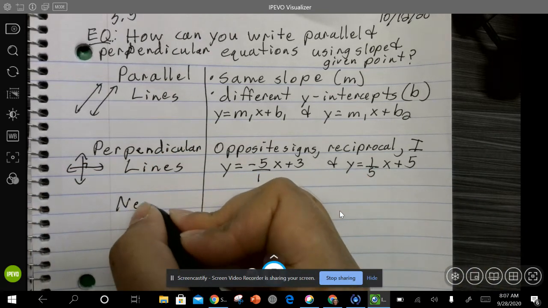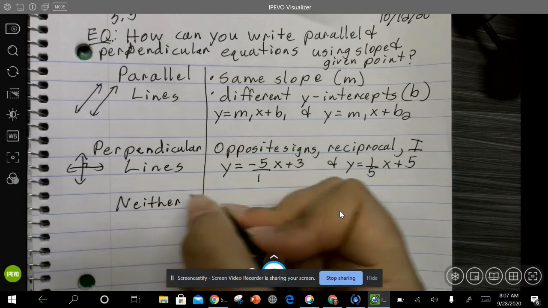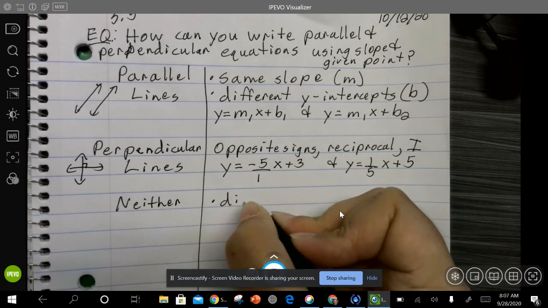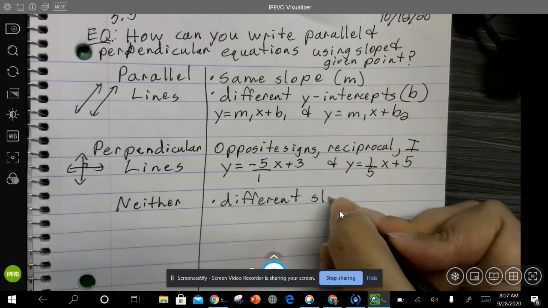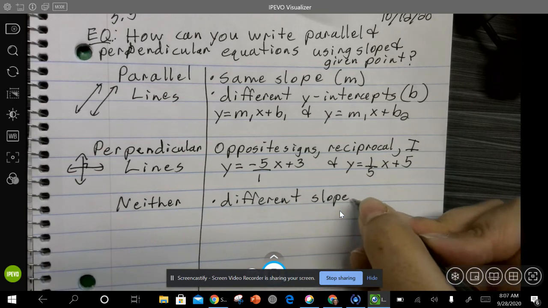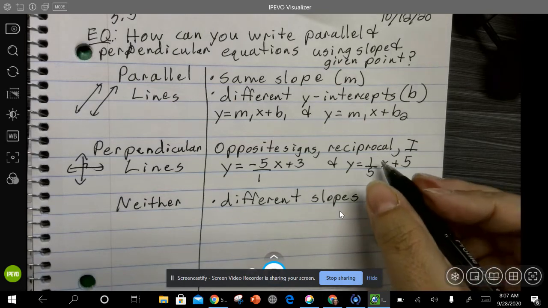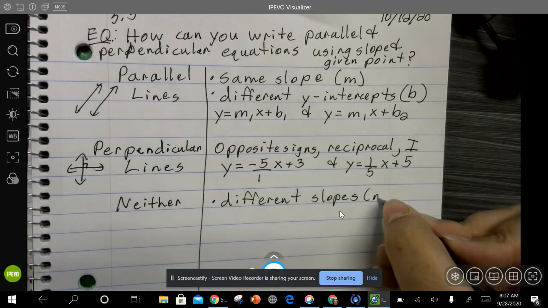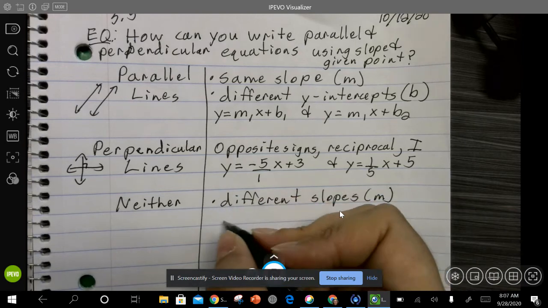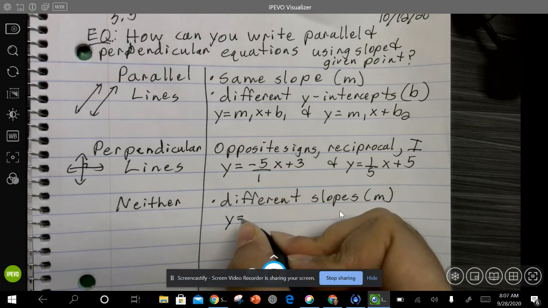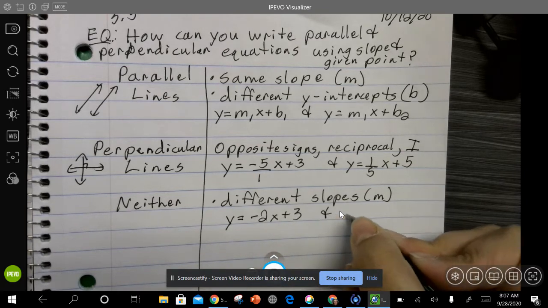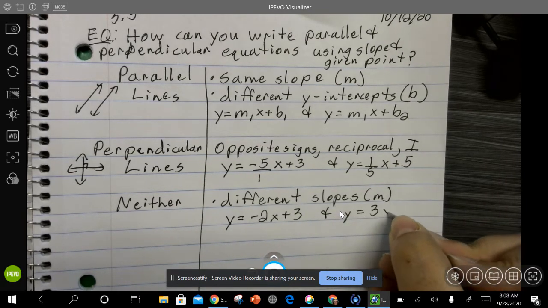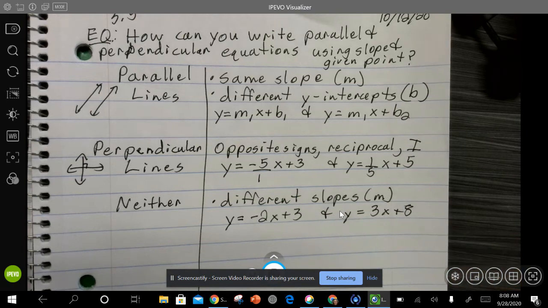Okay, so if it's neither, they're going to have different slopes. So for example, y is equal to negative 2x plus 3, and y is equal to 3x plus 8.